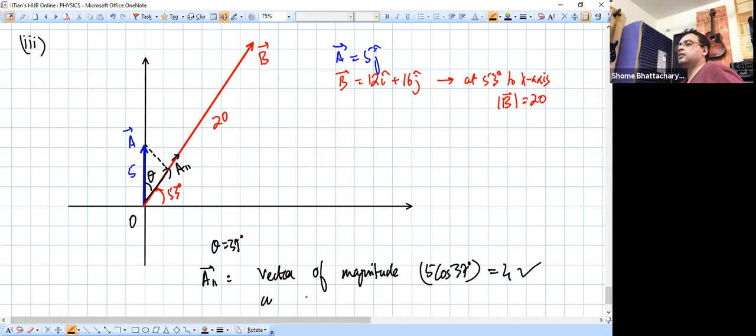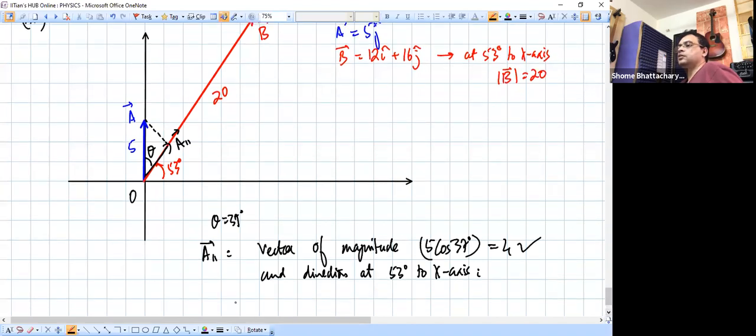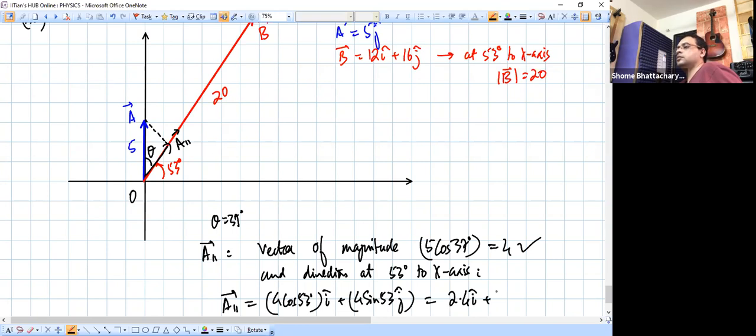And direction at 53 degrees to the x-axis. So A parallel should be 4 cos 53 i cap plus 4 sin 53 j cap, which you will see will become 2.4 i cap plus 3.2 j cap.